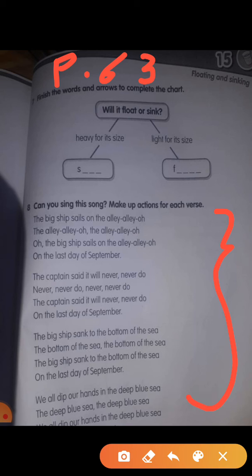I have heavy. When I see heavy, will the answer be float or sink? Will you choose one word? Yes, heavy means down, means sink. Okay, here when we have light, we have light up. Up means float. Bravo.